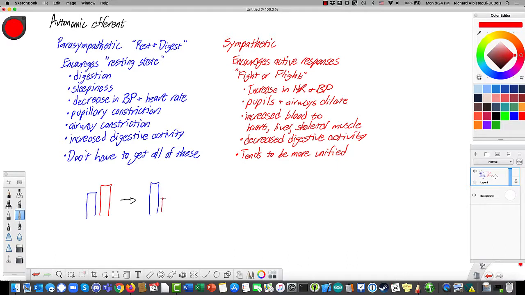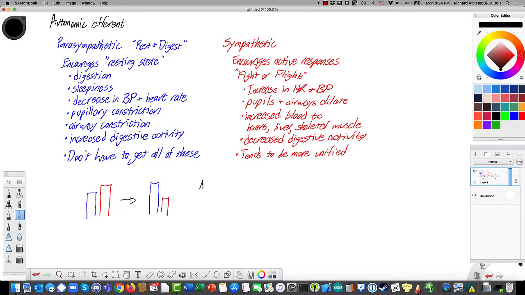So at one moment you might need more sympathetic activity, at the next you shift to more parasympathetic activity. It is unusual to be all one or all the other. If you're all parasympathetic, you'd probably faint immediately because your blood pressure would drop too low. And all sympathetic, that's kind of the extreme version of the fight or flight response.